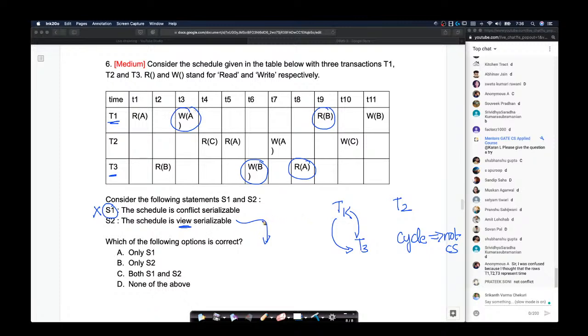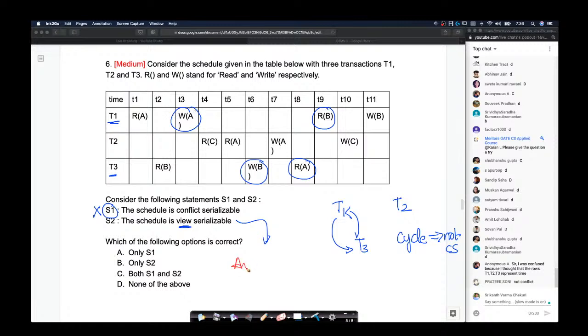But I wanted to introduce you to a very interesting but simple concept. There is a very interesting property between view and conflict serializabilities. Again, you don't have to apply this property to solve this problem, but I wanted to introduce you to it if you don't know it. Okay.